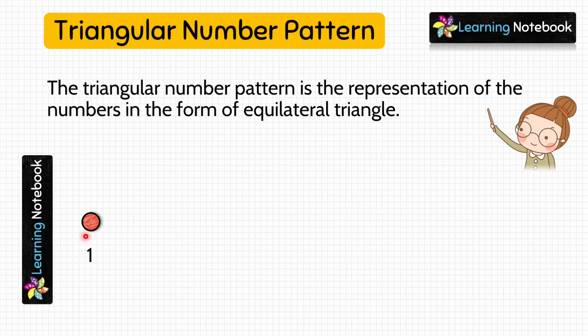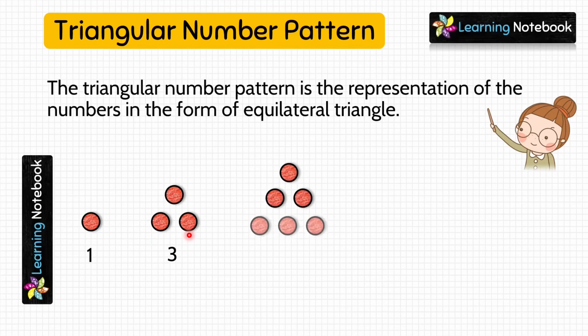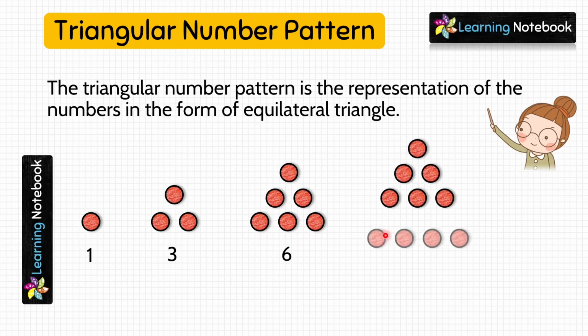It represents 1. Then paste 3 bindis to form an equilateral triangle. Right? So we have pasted 3 bindis here. Next, let's make another equilateral triangle. For this, we will paste 6 bindis as shown here. Next, let's form another equilateral triangle by pasting 10 bindis.